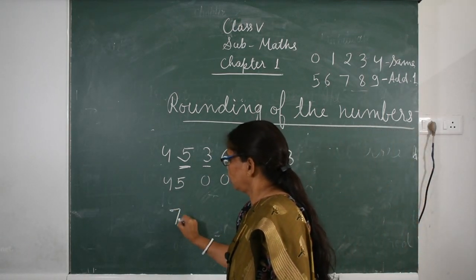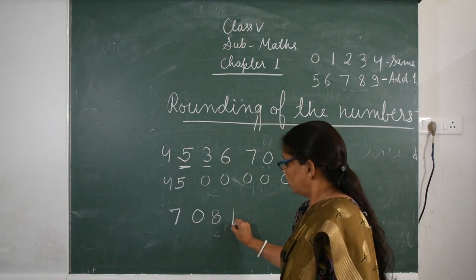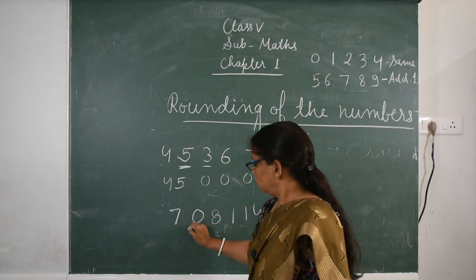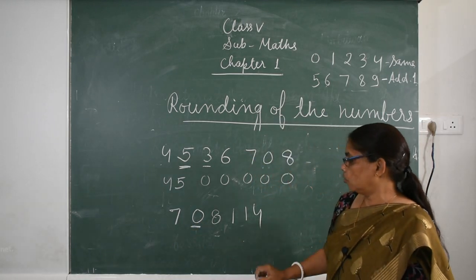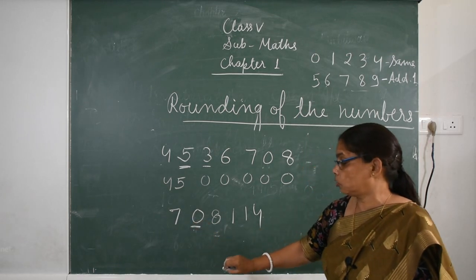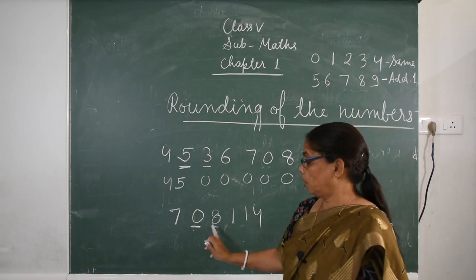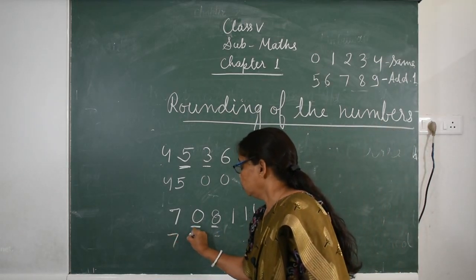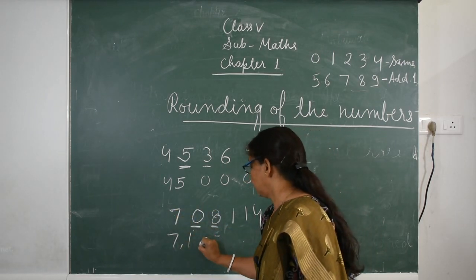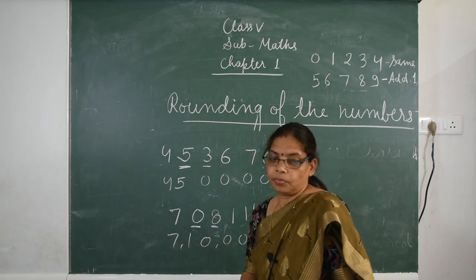Same, 7, 0, 8, 1, 1, 4. We have to find rounding of the 10,000 place. Here is 8, and 8 is greater than 5, so we add 1 here. So 71,000. Understand?